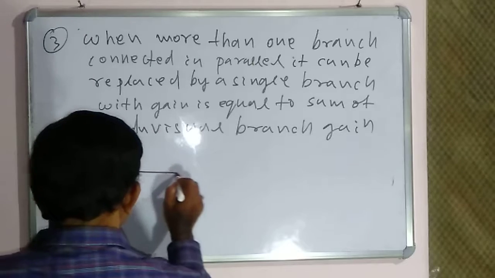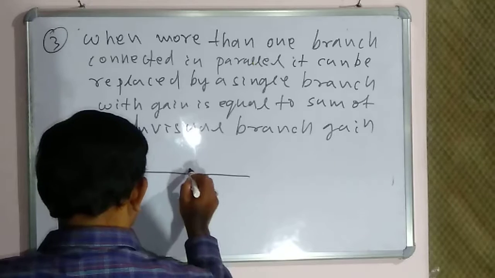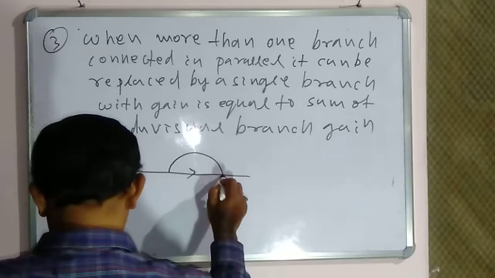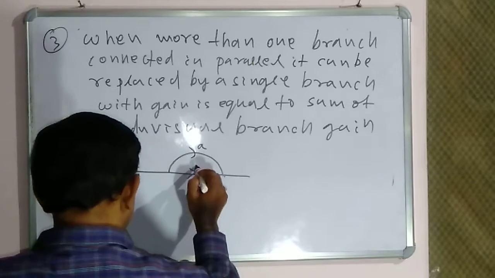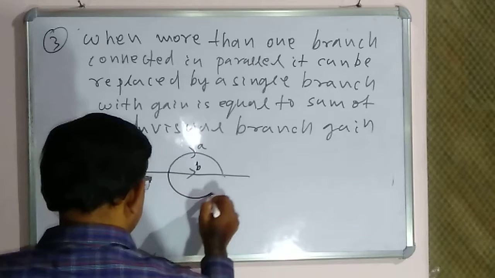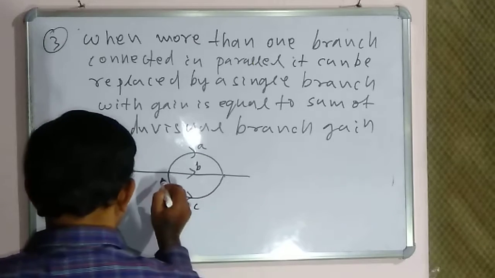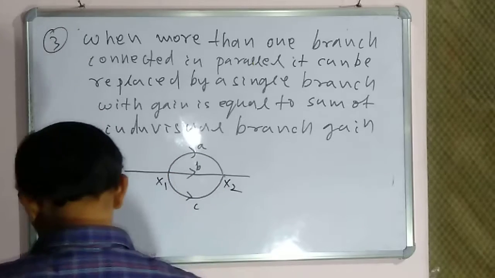So let us draw. This is the signal flow graph. Let us assume that these branches are connected in parallel. This is A, this is B, and this is C, and this is the node x1, this is x2.